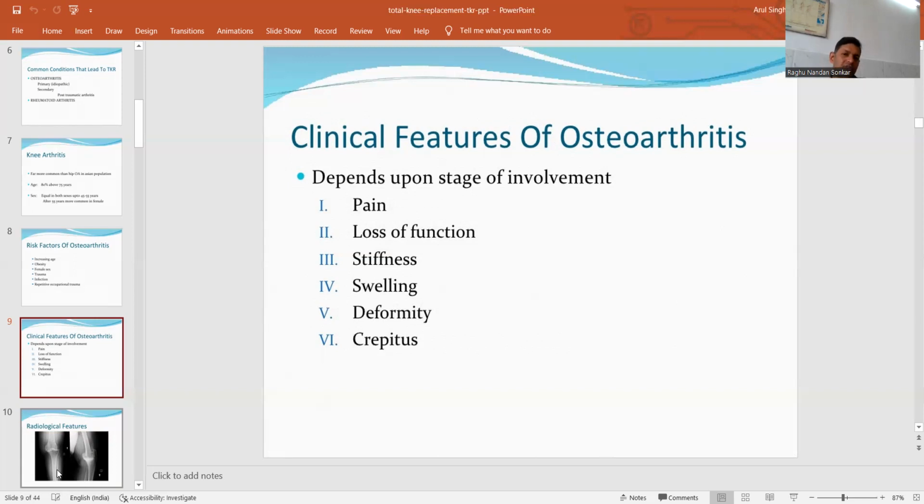The most common clinical feature is pain. Second is swelling. Third is stiffness, deformity, loss of function. The patient comes to the OPD with pain, swelling, redness. So all are features of osteoarthritis.